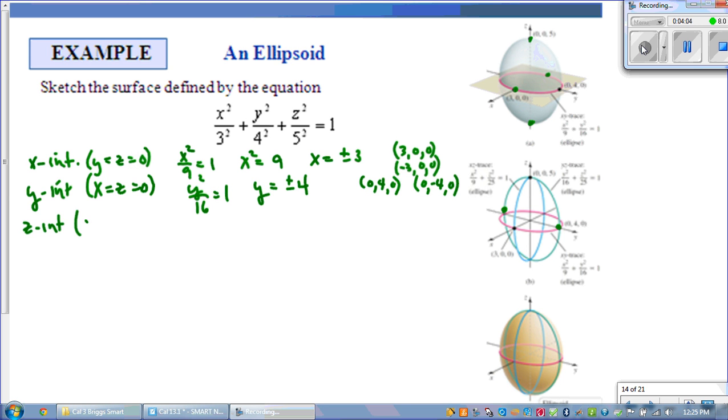Z-intercept: let x and y both be 0. You'll have z squared over 25 equal to 1. So z is plus or minus 5. So that's the points (0, 0, 5) and (0, 0, -5).